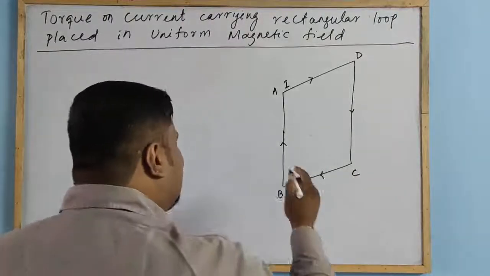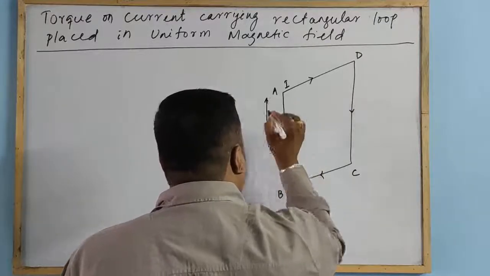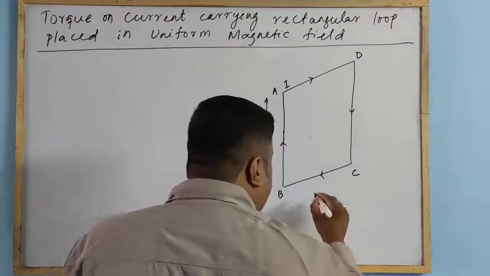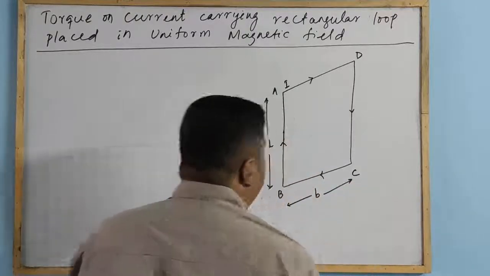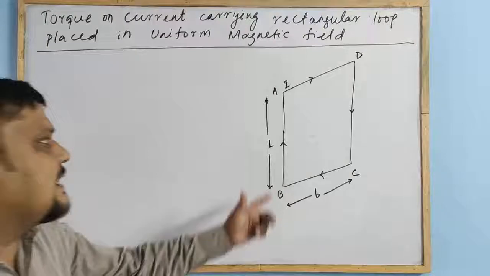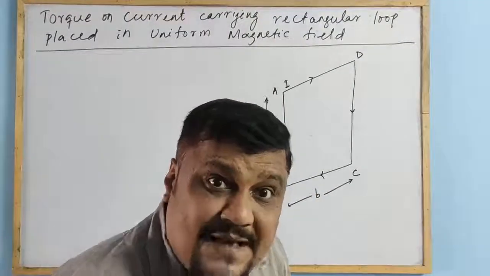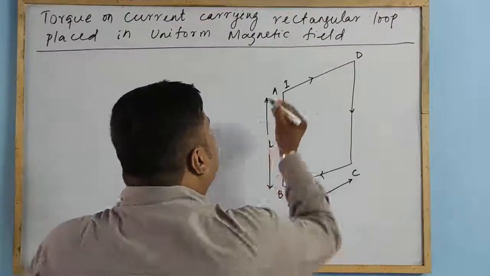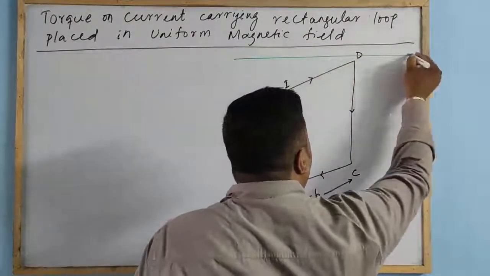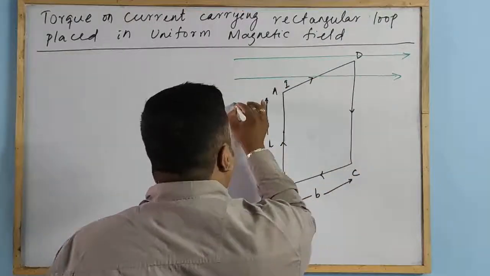Suppose L is the length and B is the breadth of the rectangular loop. This is a rectangular loop, so L is the length and B is the breadth. And the loop is placed in a uniform magnetic field. So let me draw a uniform magnetic field, which is represented by magnetic field lines like this.